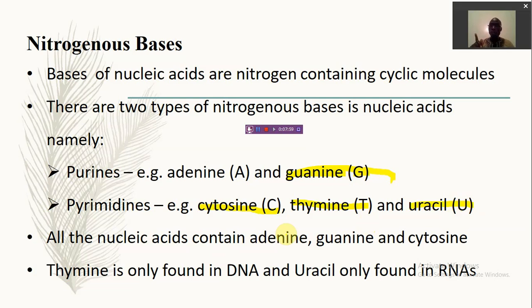Now, thymine is only found in DNA, not in RNA, and this should be the first distinction between DNA and RNA, in that DNA, besides adenine, guanine, and cytosine, also has thymine, whereas RNA, besides adenine, guanine, and cytosine, also has uracil, which is not found in DNA.